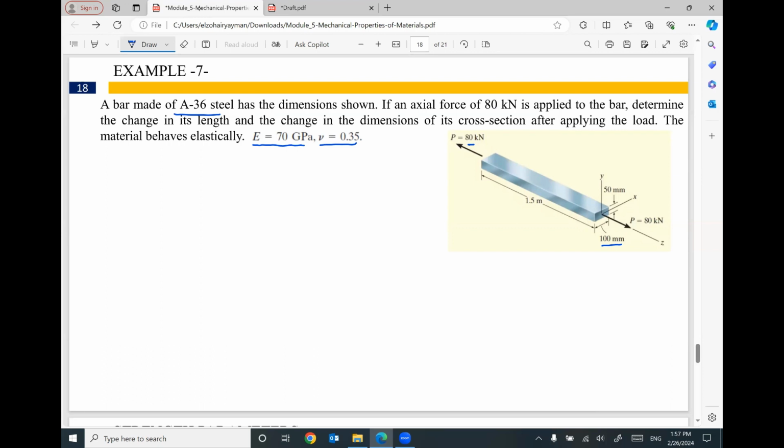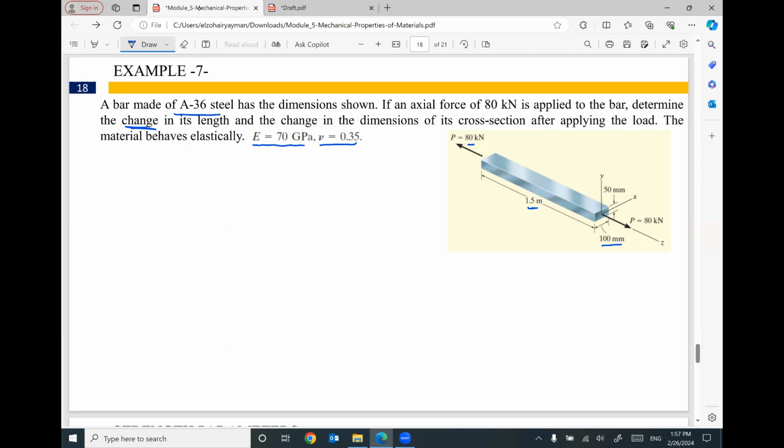We need to figure out what are the changes in the length and the change in the dimensions of its cross section. The total length of this bar will be changed, and the cross section dimensions 100 millimeter and 50 millimeter will be changed. How much?